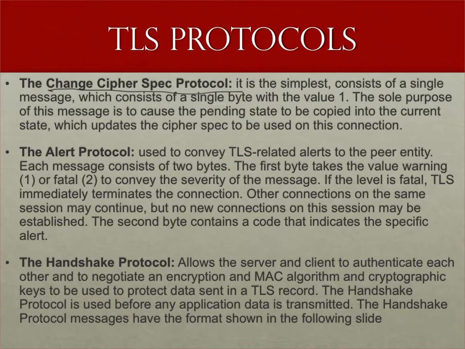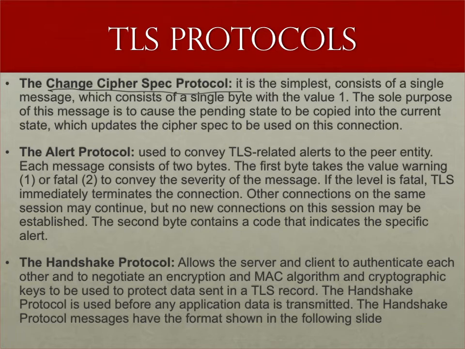And each message contains 2 bytes. The first byte is whether a warning or an error. 1 is warning and 2 is error. That's it. Warning means that the connection might still continue, but I'm just reporting some warning.